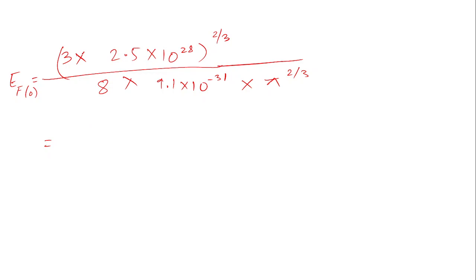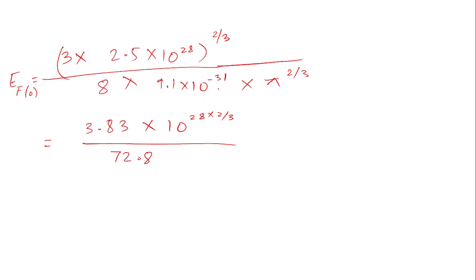It will become 2.5 times 3 to the power 2 by 3, which gives 3.83, divided by 8 multiplied by 9.1, which is 72.8.